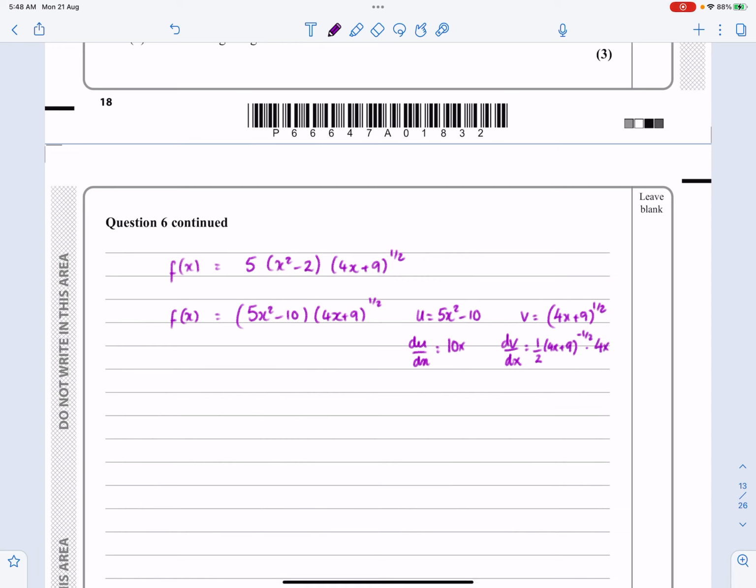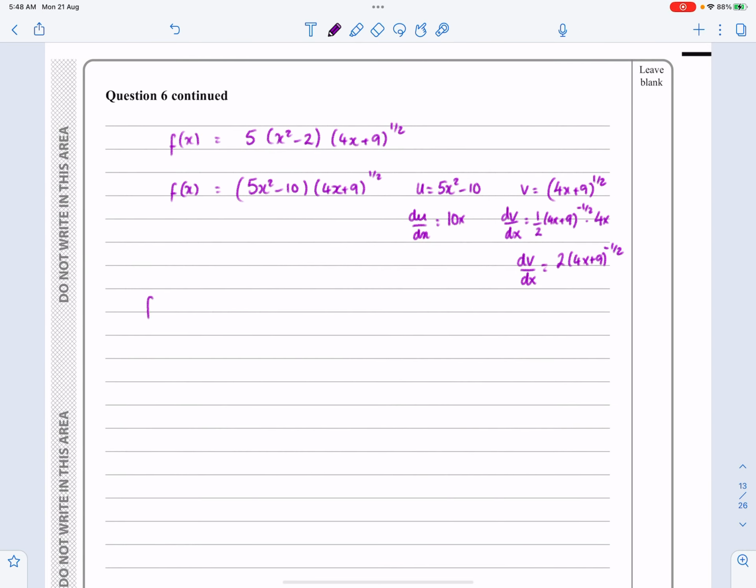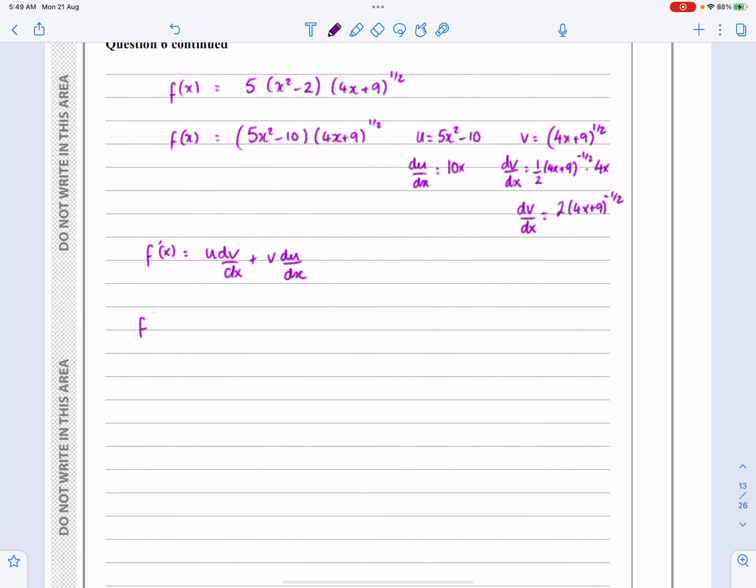Well, let's tidy that dv by dx up before we start trying to use the product rule. Nice and simple, it's just 2, 4x plus 9 to the minus a half. And so f dash x is going to be u dv by dx plus v du by dx. And we know now that we're going to have some messy sort of algebra to try and tidy up. So f dash x is equal to u dv by dx is those two.